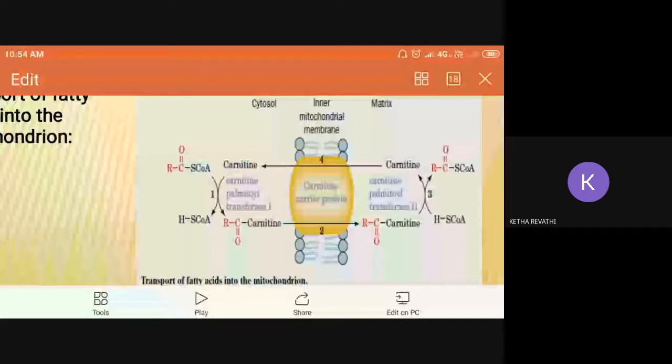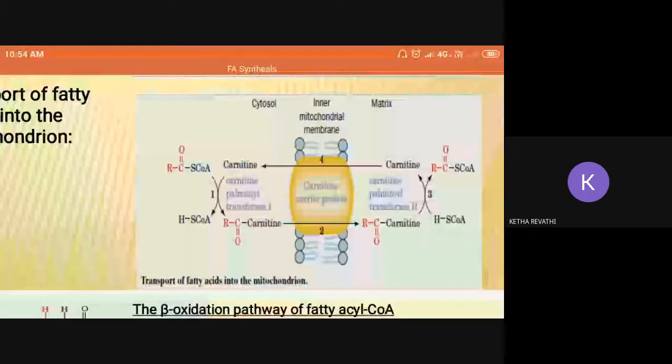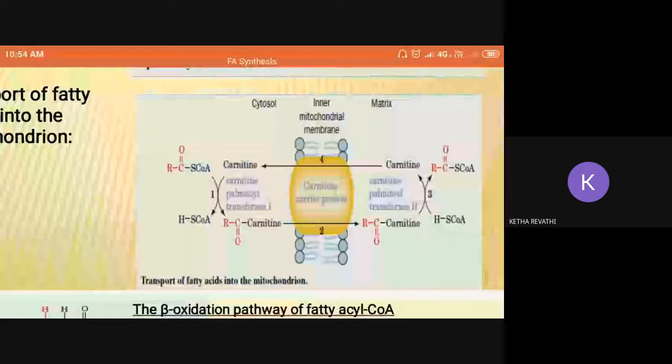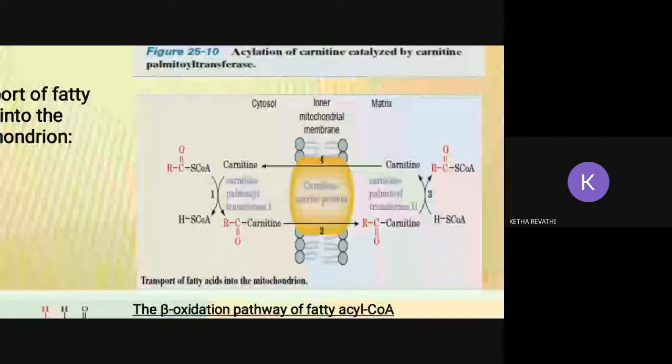Now in the matrix, this acyl carnitine combines with coenzyme A to form acyl CoA plus carnitine. The acyl group is transferred from acyl carnitine to coenzyme A, and then acyl CoA is formed plus carnitine. Again, carnitine comes back to the cytosol.